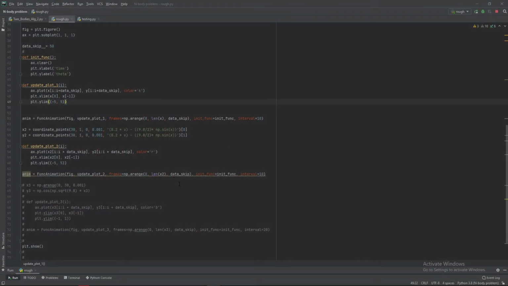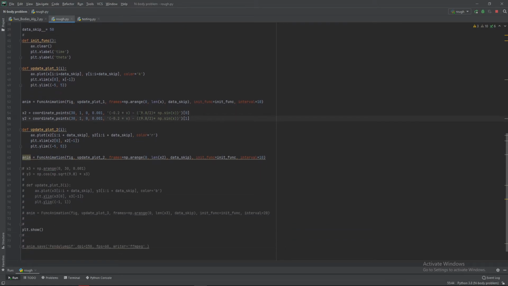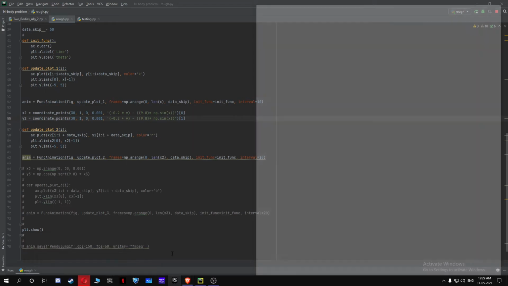And in the last one, let's put one of them on the moon. Let me change it back to negative 0.2, and let's put one of them on the moon. So on the moon, let me change this one also. So what's the gravity on the moon? Let me just see.